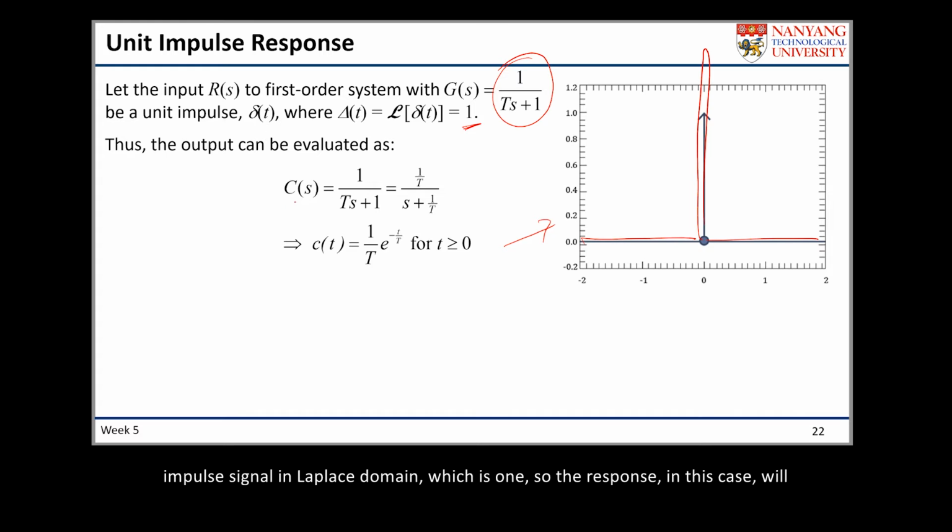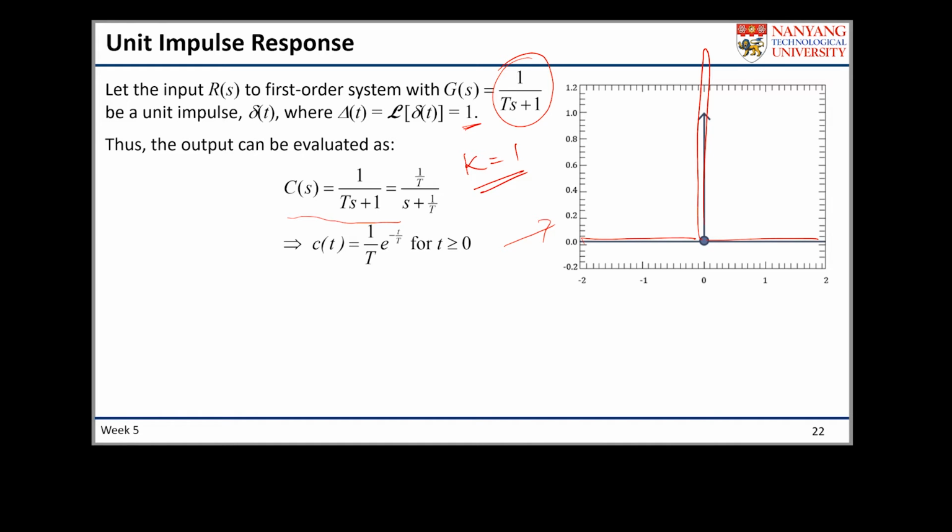So the response in this case will be equal to the transfer function times 1, which is the transfer function itself. I have to mention here, let's consider again a simple first order system where the DC gain K is equal to 1. So let's take a case only when K equals 1. So we only have one parameter, which is the time constant T here.